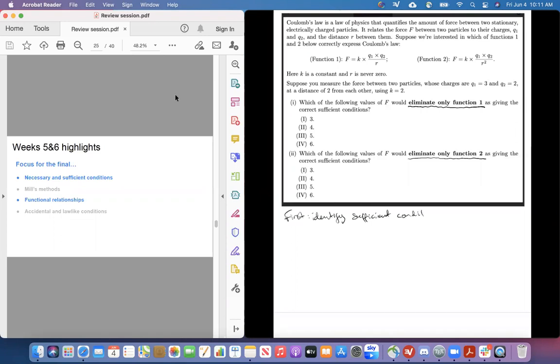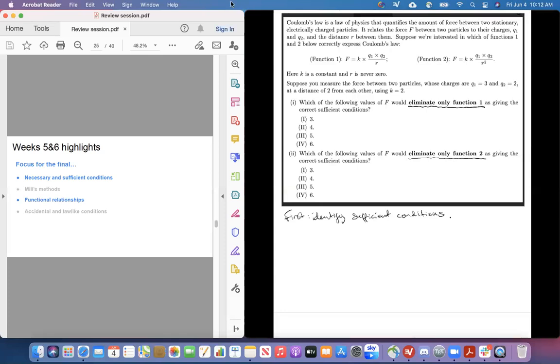So identify sufficient conditions. Another type of thing I asked in these questions is which of these sufficient conditions allows you to distinguish between these functions. And what emerged from people's answers, or at least I think so, is: what are the sufficient conditions here?